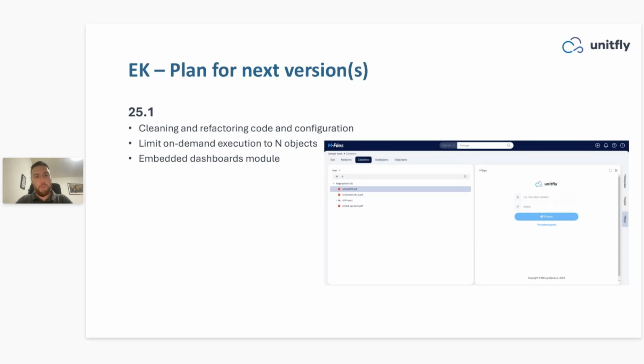With the new UI framework, we started working on it. We waited for that for I think 2 years now, but now it's out, and we started immediately working on it. In the next version, our first UI module will be out, and that will be embedded dashboards.